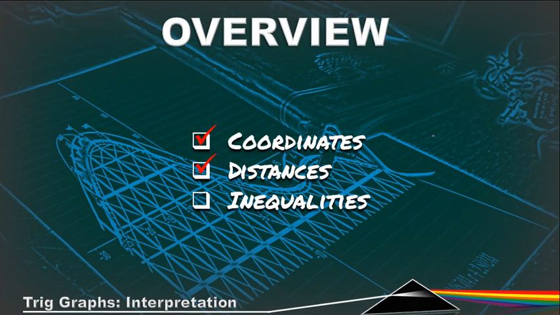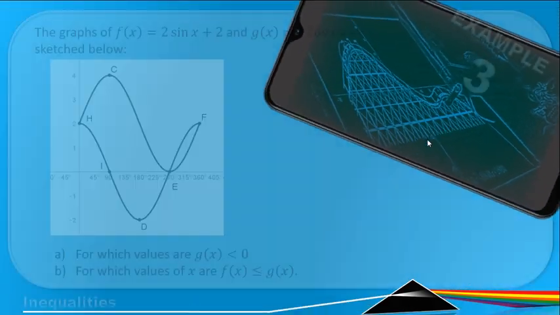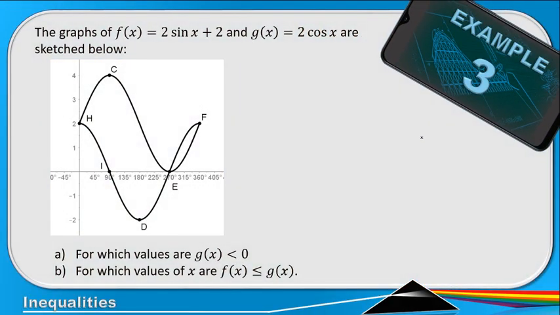Then for the final section, the inequalities. The graphs of f(x) and g(x) are sketched below once again. Now the first example says for which values is g(x) less than 0. What you need to remember is that this notation represents y. So this actually just asks, where is your graph less than 0?